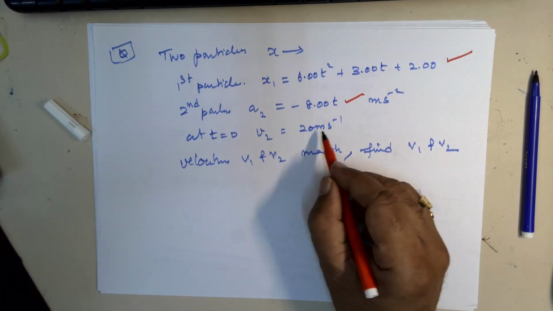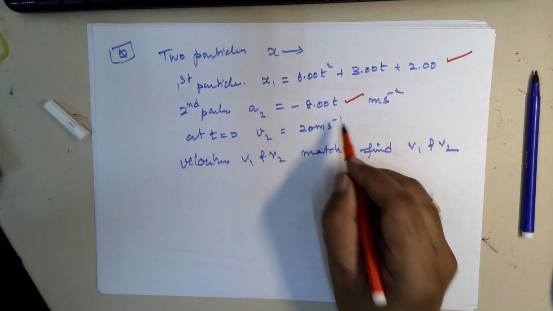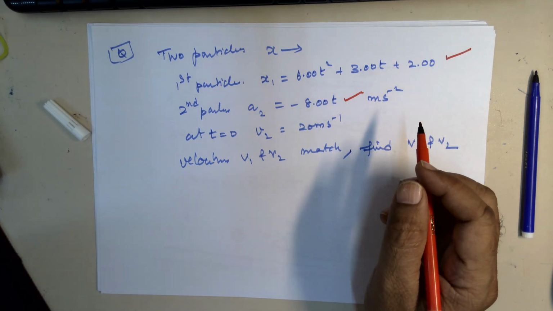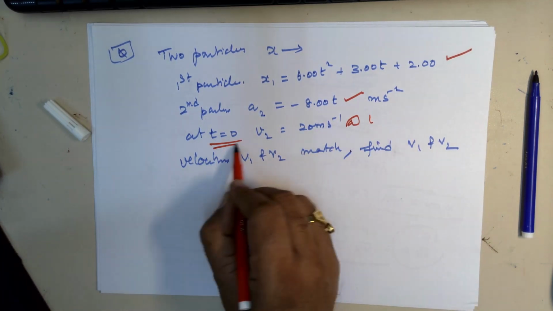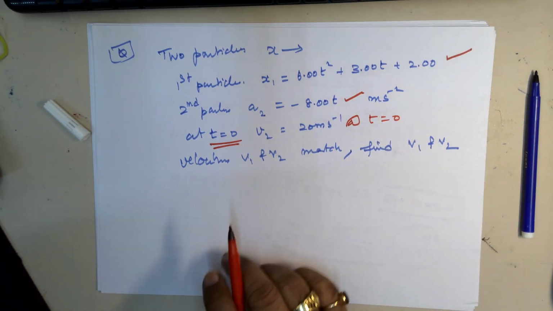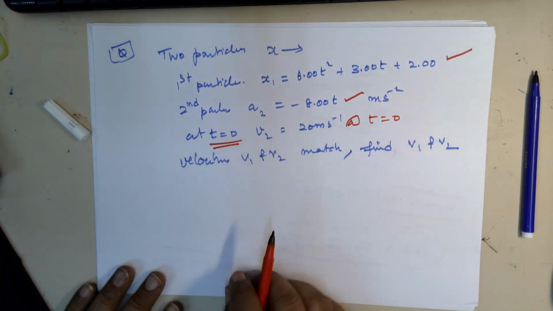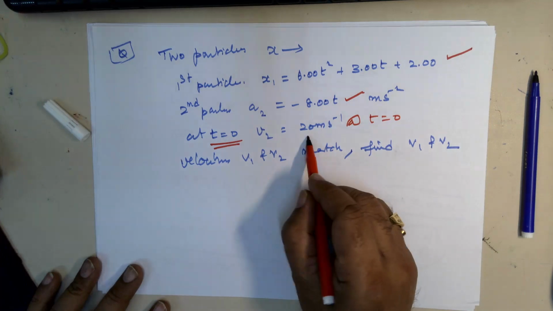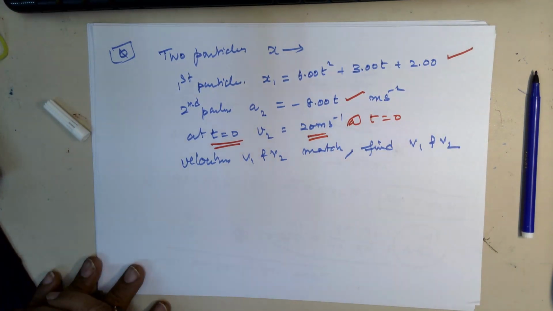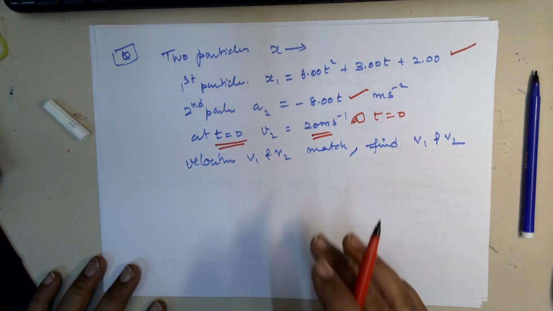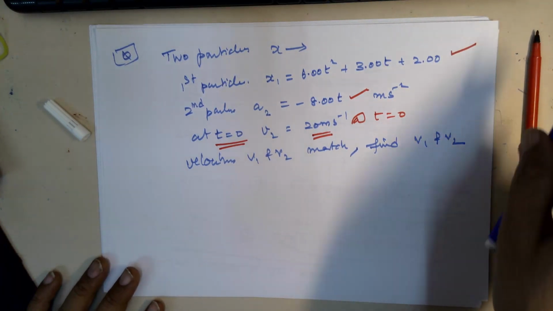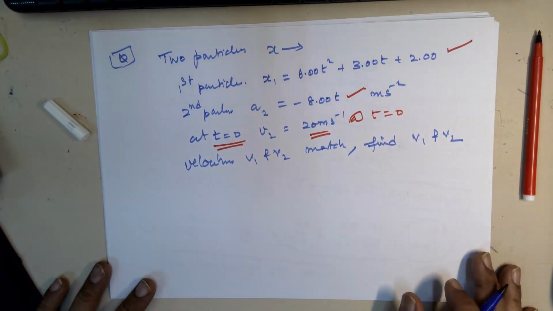That is 20 meter per second, and that is given at t is equal to 0. Okay, right. The velocity is 20 meter per second, that is given clearly. Now let us proceed. What we are supposed to find out are v1 and v2.